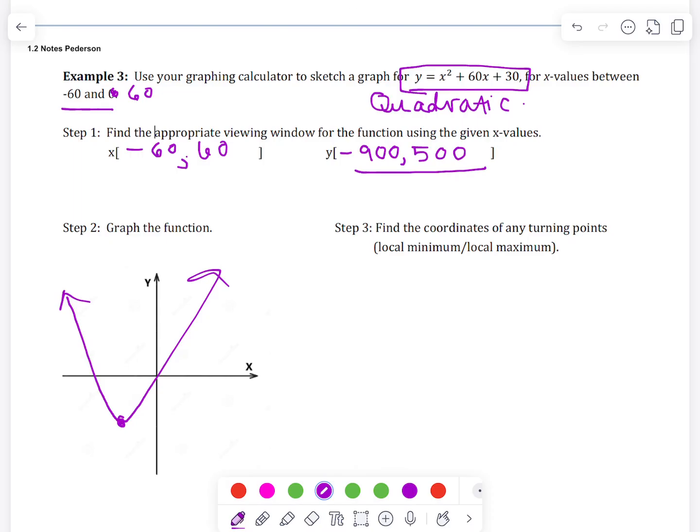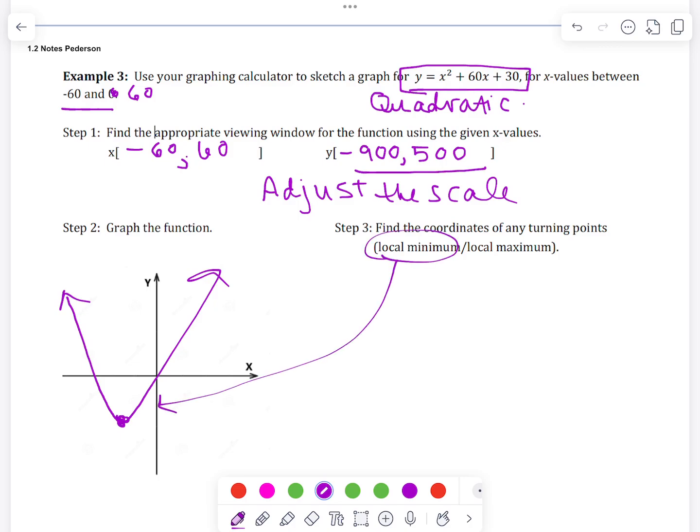So you want to adjust that scale out so that you can get this local minimum right here, (-30, -870), which will be the local minimum, which we can also call the vertex of the parabola.